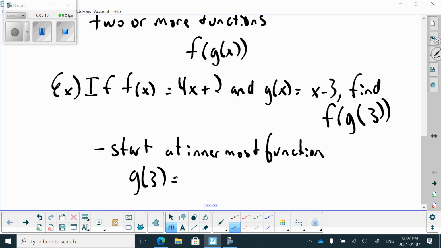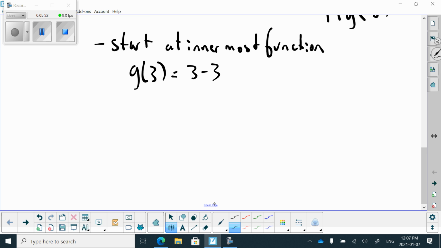What's g of 3, Darren? Just x minus 3. Yeah, but what's our x value? 3. Yeah. So maybe I could have picked a more creative number, but I didn't. What's 3 minus 3? So g of 3 is equal to 0.